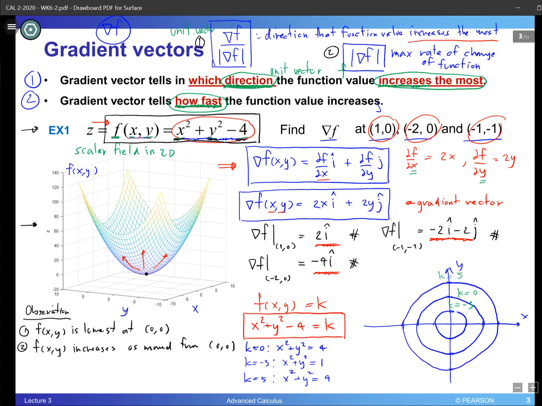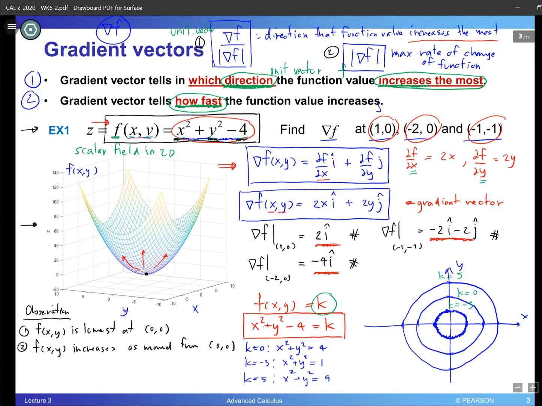One thing I want you to notice is that k represents the function value, which means that on each level curve, the function value is constant. As you can see here, the first one, k equal to minus 3. On this level curve, the function value is constant.